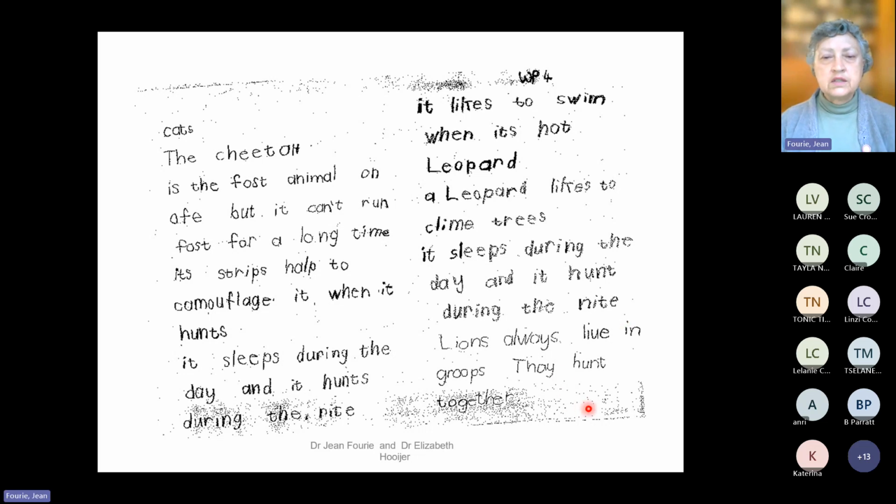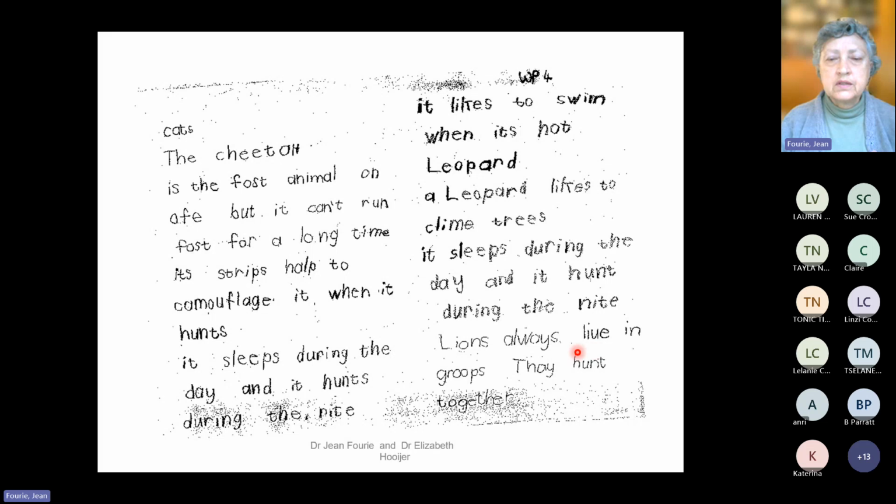And what is the last thing we're going to write about? We're going to write about lions. And lions always live in groups. And we are not going to correct the spelling of live, L-I-U-E. We're going to correct it later.